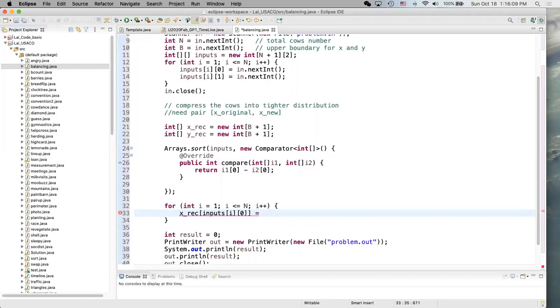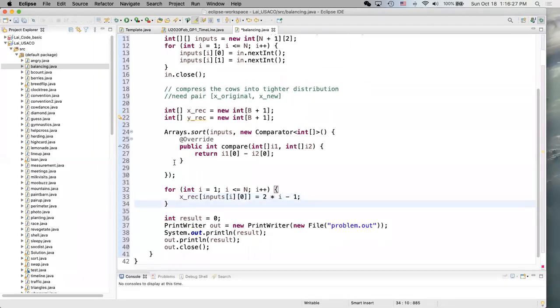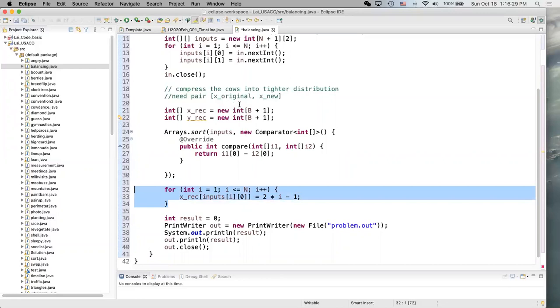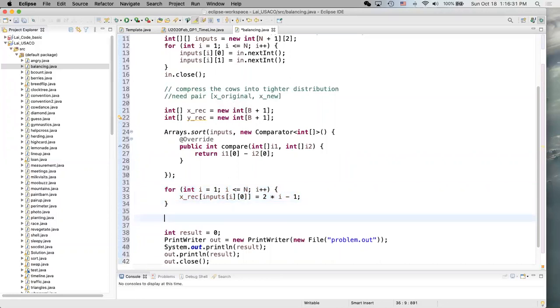What is the new X? 1, 3, 5, 7, going on, right? That's an arithmetic sequence, so 2 times I minus 1. So for the first I, 1, you assign 2 times 1 minus 1, which is 1. For the next one, it's 2 times 2 minus 1, which is 3. So that works well, right?